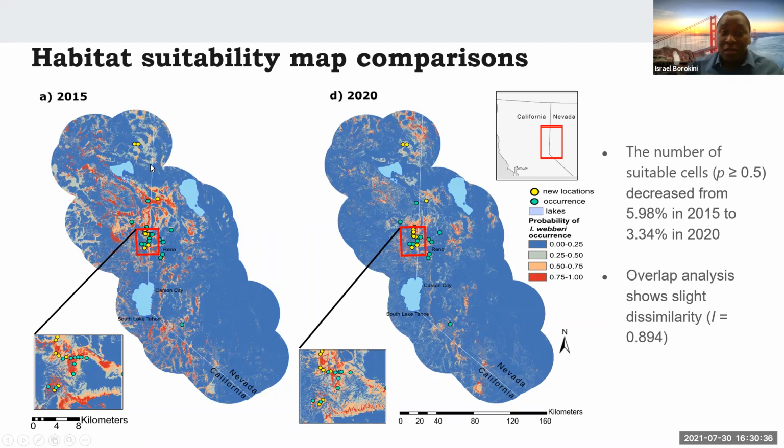We found some new locations of this species beyond what was estimated to be the range of that species. So we found a lot of interesting information from the modeling of the species.